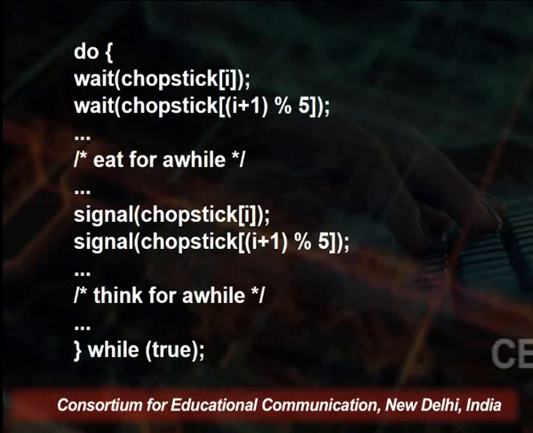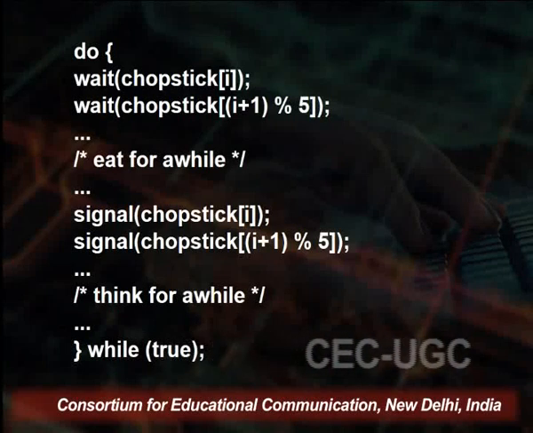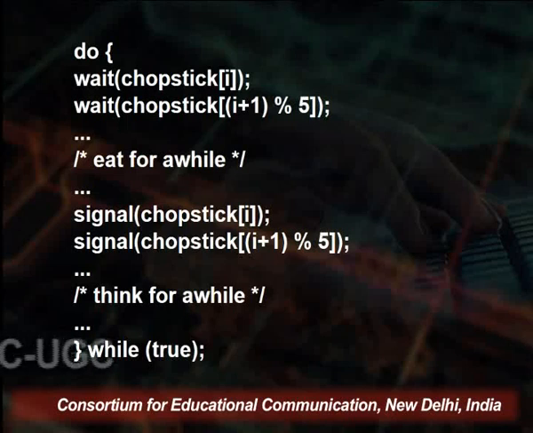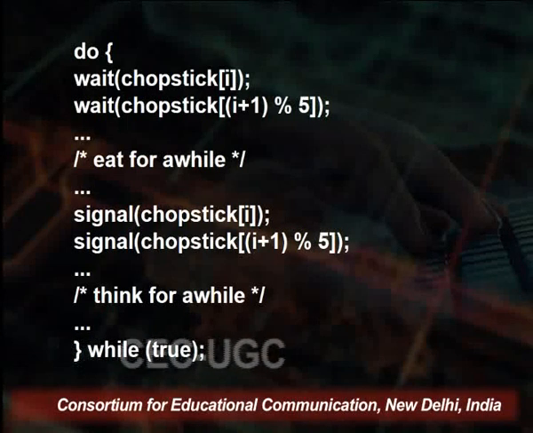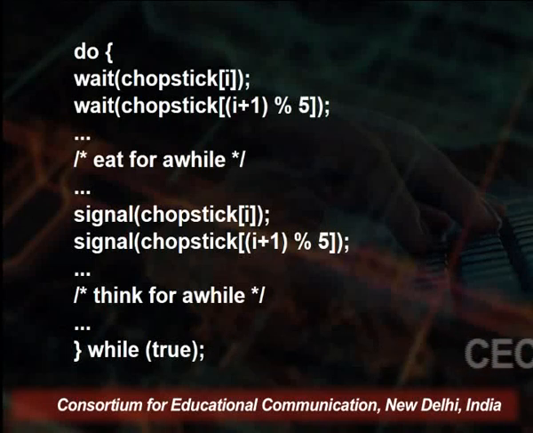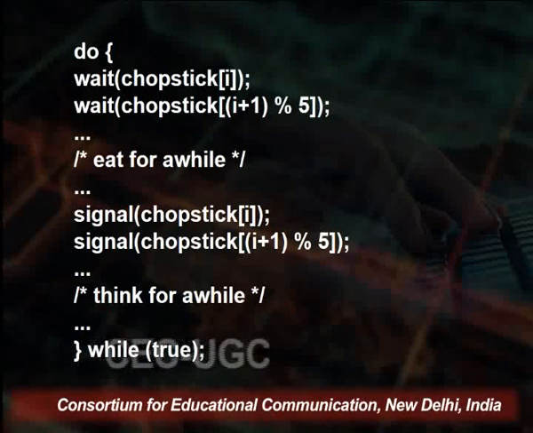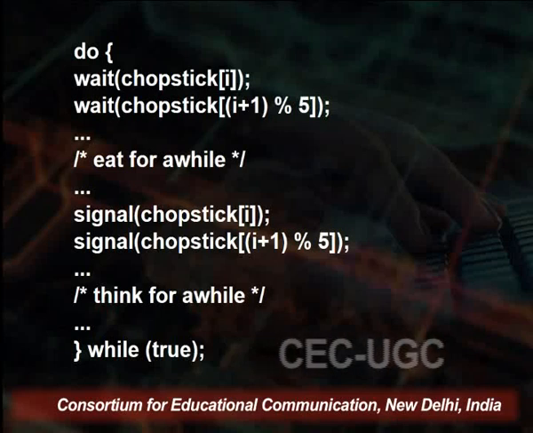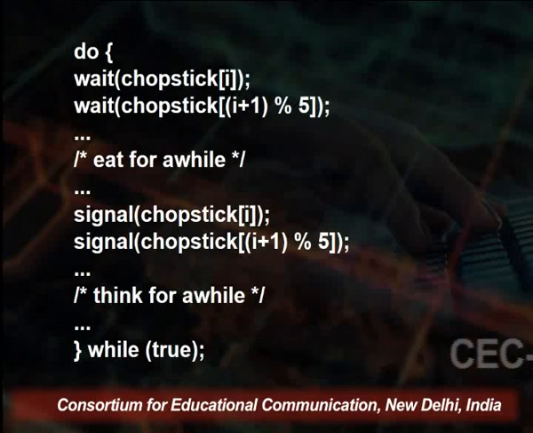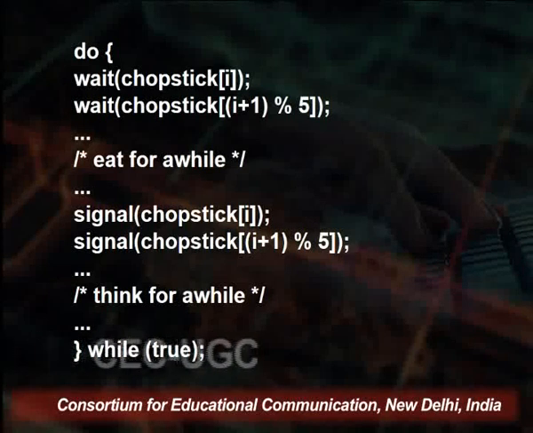Using this, if we need to code this solution, we have a do while loop as we do in all other problems. Our philosopher who is trying to grab the resources will be grabbing 2 resources. One is chopstick i, if I am talking about the ith philosopher, and the other chopstick is (i plus 1) mod 5, because there are 5 philosophers sitting at a circular table.